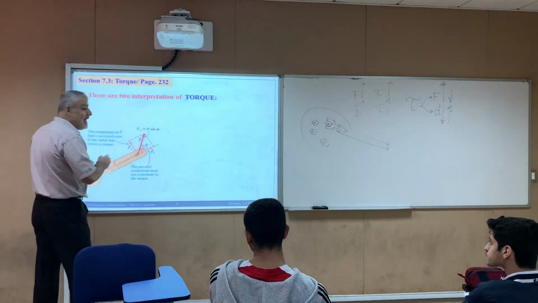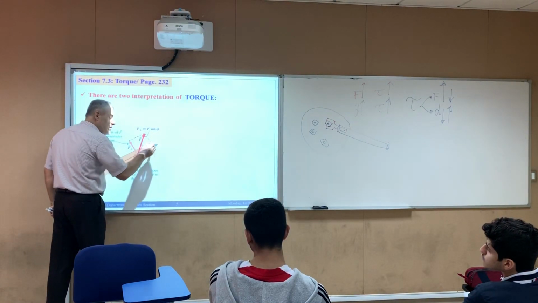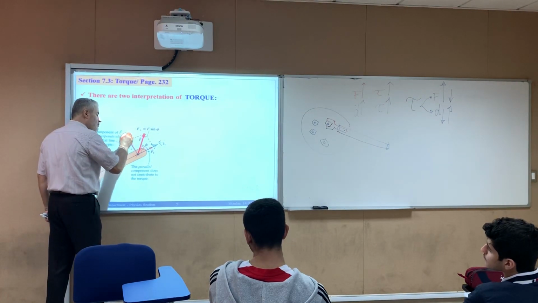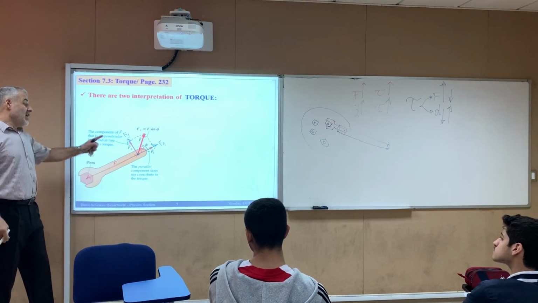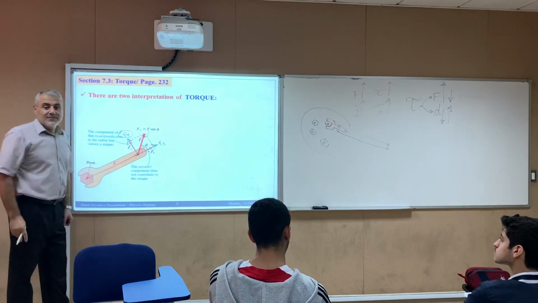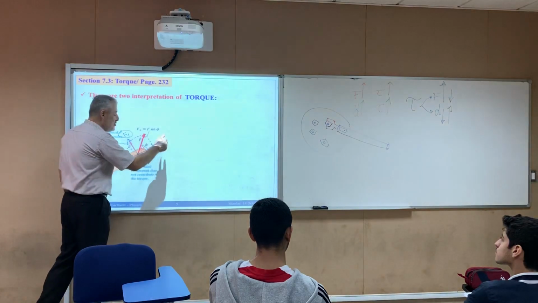So, gentlemen, what happened in this case? We call the horizontal component F_x and the vertical component F_y. Now see, only one of them has a torque, because this one will cause a rotation. Yes. This one has no torque.